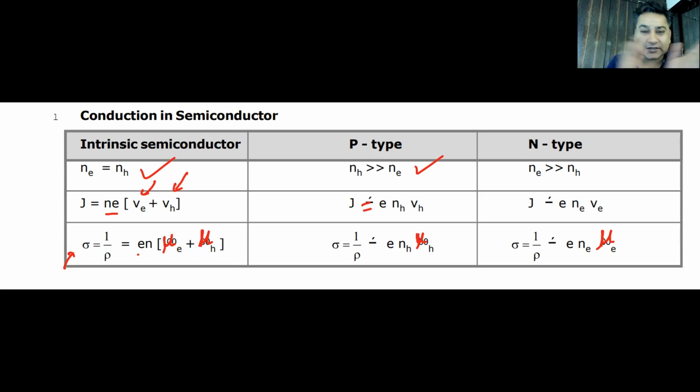Do we understand the difference in the three? Yes or no? Yes, sir. In N type only the electron term will come. In P type only the hole term will come. In intrinsic both electron and hole terms will be there. Do we understand this? Yes, sir. Please note it down, sir.